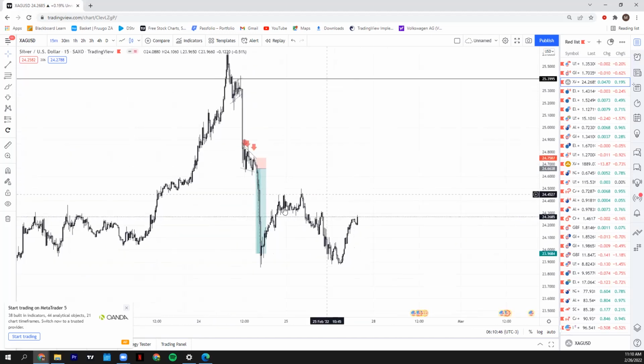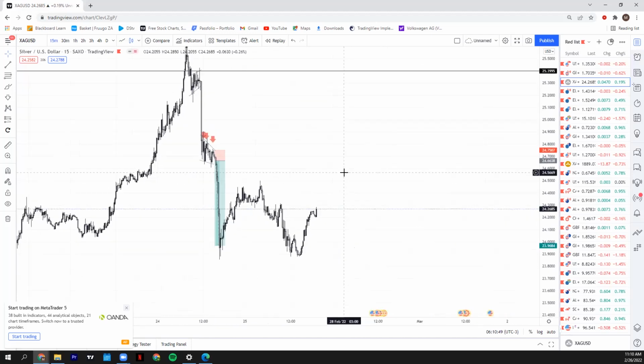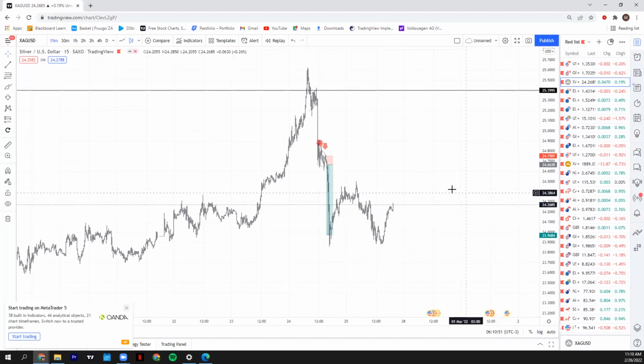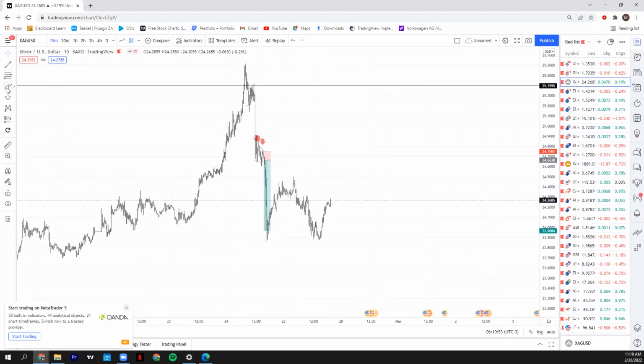So right now, currently it is going sideways, which means this whole thing from this point to what the market was, it was an impulse, and right now the market is going sideways, which means we are in a correction.